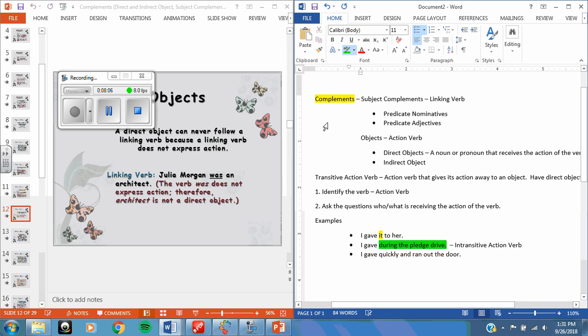Remember, it needs to be a noun or pronoun for it to be a direct object. And then finally on this last one, I gave quickly. Quickly is an adverb, so it cannot be a direct object because it's not a noun or a pronoun. Also, it does not answer the question who or what is being given. It answers the question how something was given.